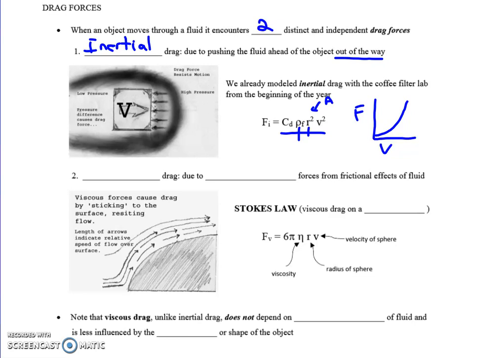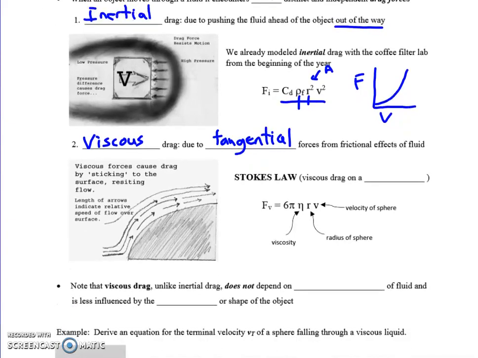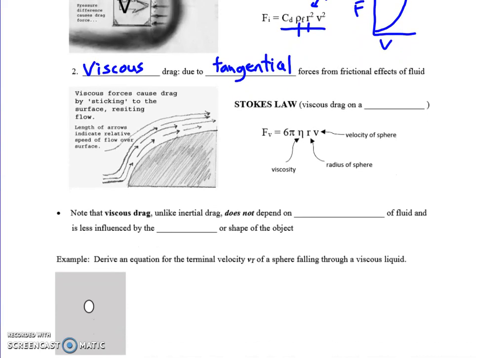We're interested in a different type of drag called viscous drag. Okay? And that is due to tangential forces from frictional effects of the fluid. So here is a pretty decent diagram that I stole to try to explain the difference between that and inertial.